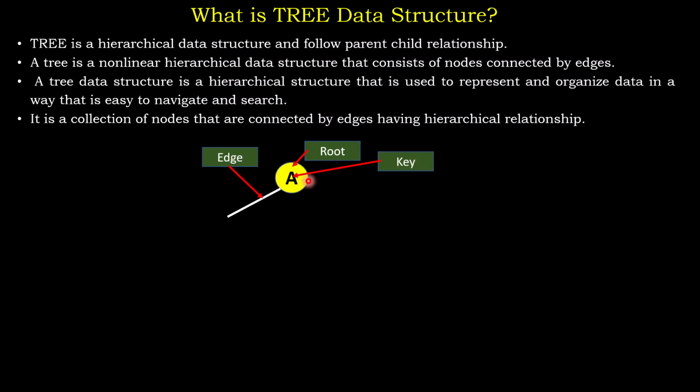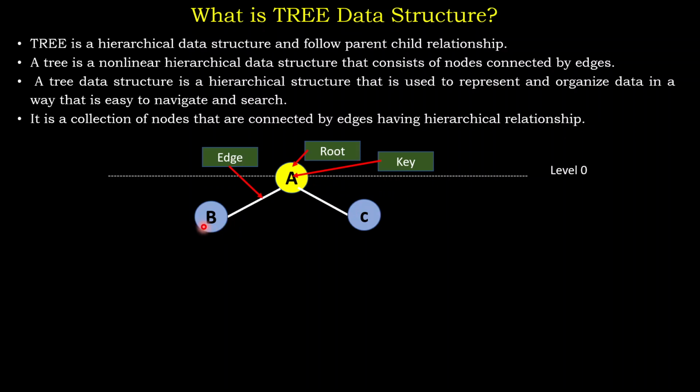So this is the main root node, and it has a link, a branch also called an edge, that helps to connect to another node or the next node. Suppose b is another node, and maybe c is another node. If a node has no child, meaning no node is connected below it, then it is known as a leaf. This is level 0, and then level 1, level 2 go on.